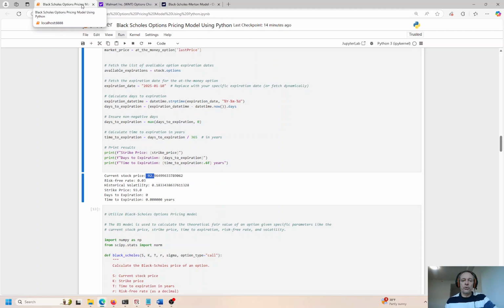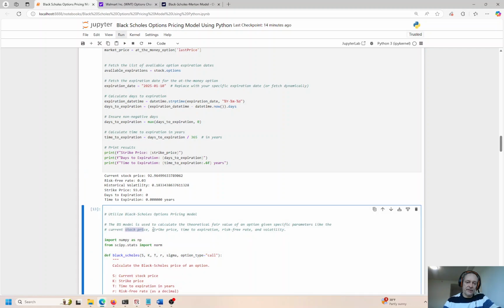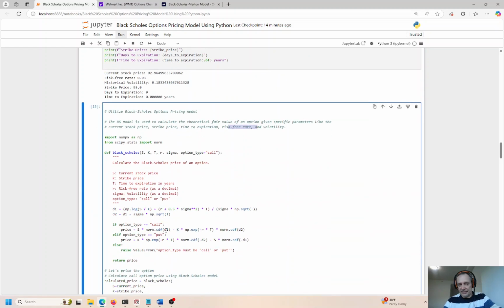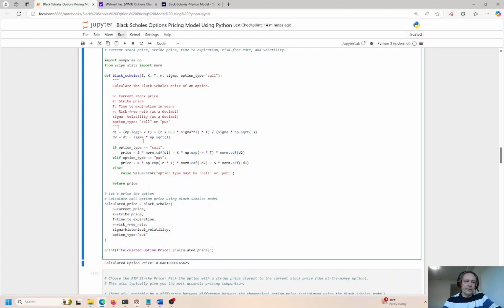Okay, so the next step here is to use the Black-Scholes model to calculate the theoretical fair value of an option, given the parameters that we discussed above, right? So the stock price, strike price, time to expiration, risk-free rate, and volatility. And we have all 5 now. Remember, originally we had 4, those are given to us, and we just derived the volatility. So we are going to plug that back into the Black-Scholes formula.